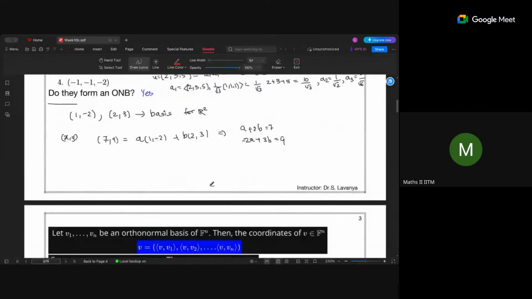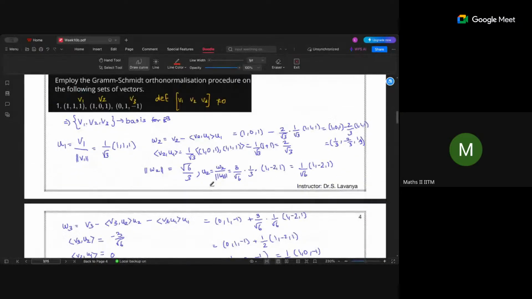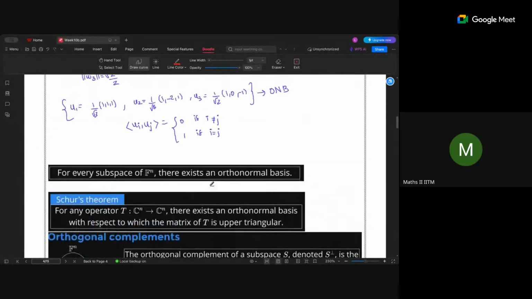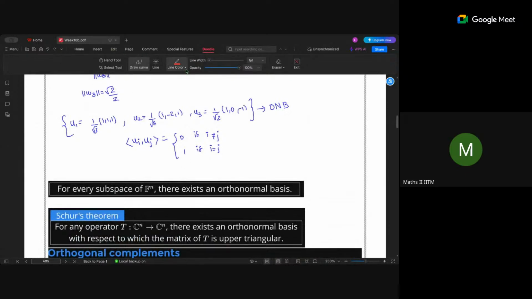Okay, so if I have space somewhere else, I want to also show it in R2. In R2, let us say your S is span of (1, 1).